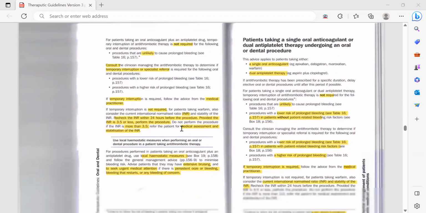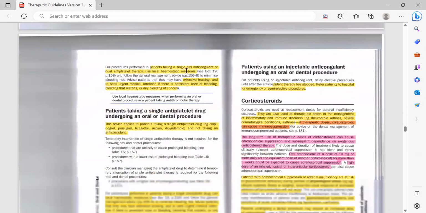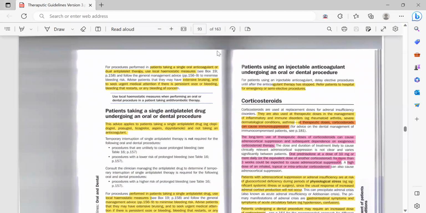In any patient who is taking these blood thinners, either anticoagulant or antiplatelet, you need to advise this. Even here and even here, you need to give this advice. And for the triple antithrombotic or anticoagulant therapy, we are not doing anything, we are not touching the patient, so there is no need to advise this.